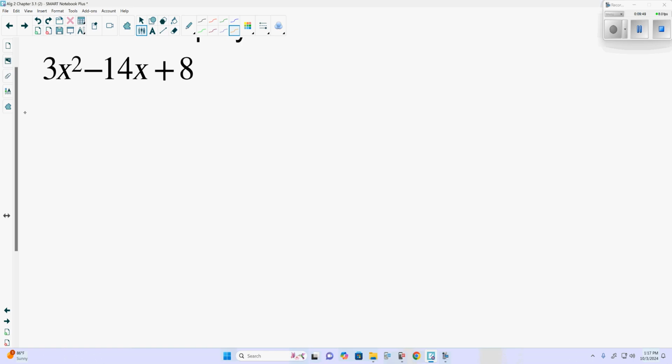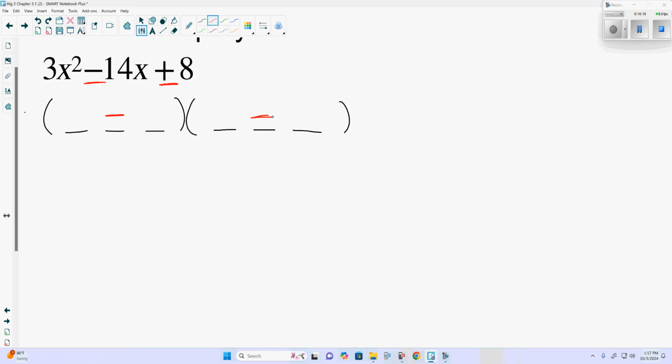3x squared minus 14x plus 8. Greatest common factor? Two sets of parentheses with three spaces. If the third term is positive, which it is, the signs are the same as the middle one.